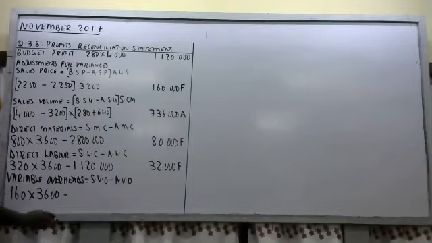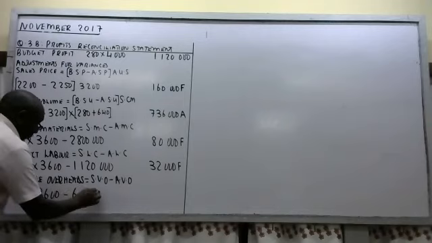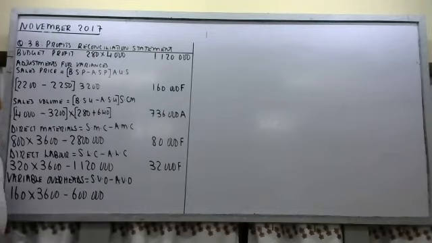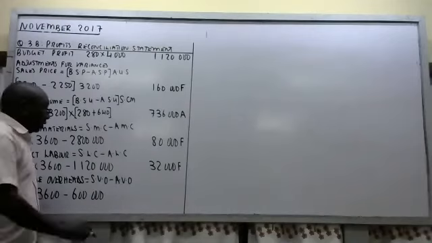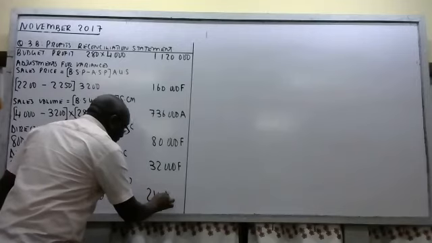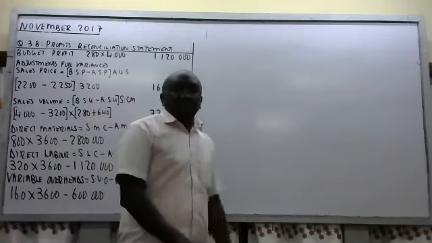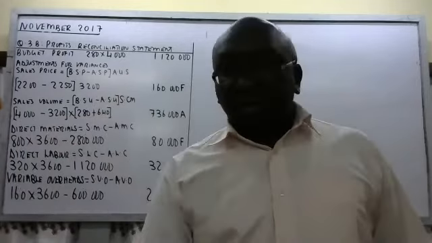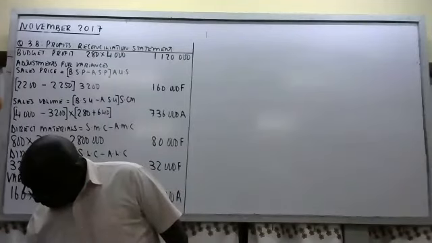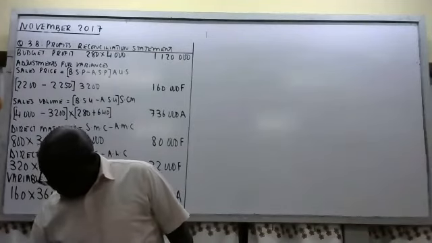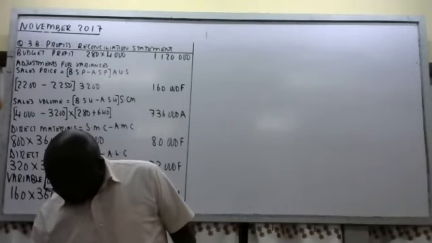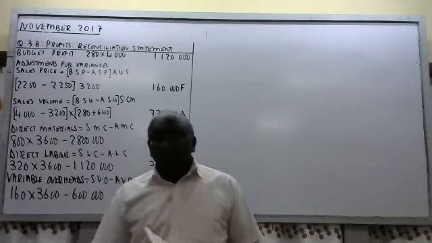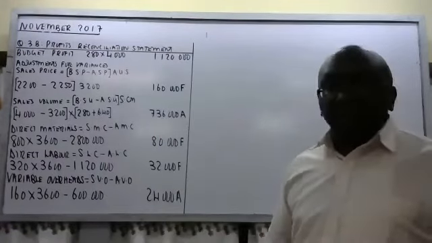Minus, looking down below, we have 600,000. So that gives us what? 24,000 adverse. Those who are online, are you in agreement? Yes, Royce, in agreement. Yes, I can see Ivarin, Churchill.